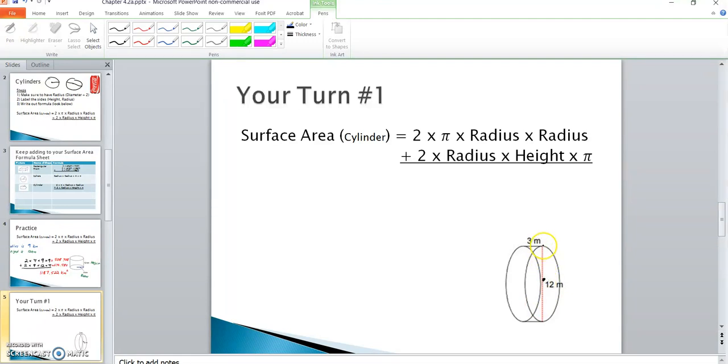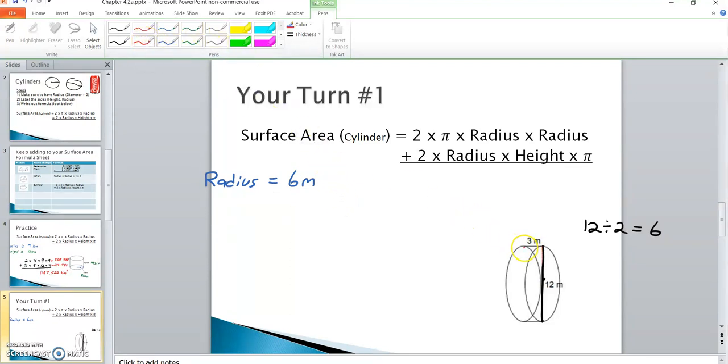And you'll notice that the line is going all the way across the circle. So we don't actually have a radius. So to get our radius, we need to go 12 divided by 2, which is 6. So our radius equals 6 meters.